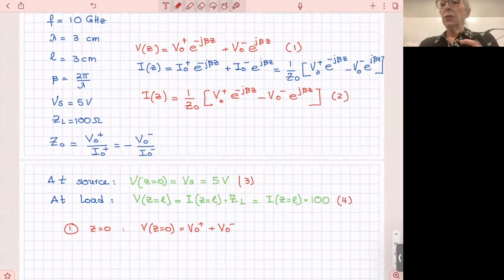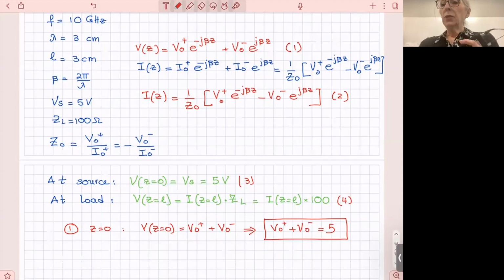And I have from the boundary condition at the source, which is number 3, that V naught plus V naught minus equals 5. I have that. One equation. I'm going to get the second one from the load.